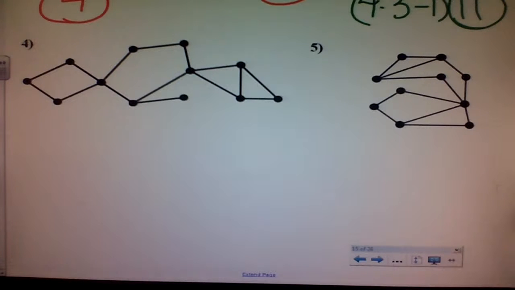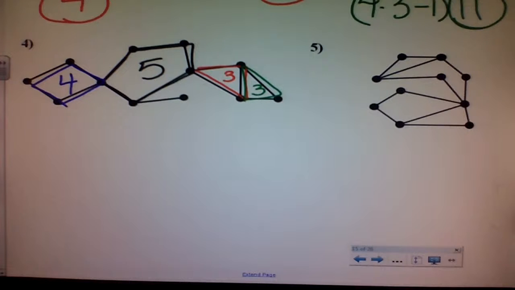Okay, so we have a circuit here, 4. We have a circuit here, 5. I have a circuit here, 3. I have a circuit here, 3. Do these share anything in common?